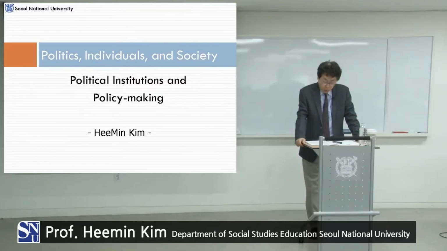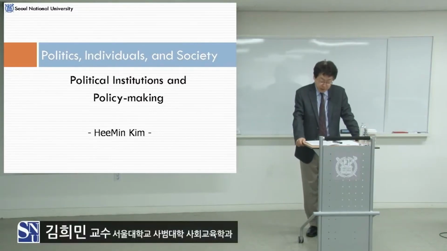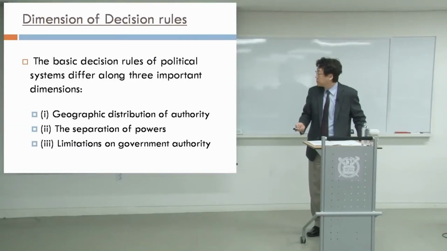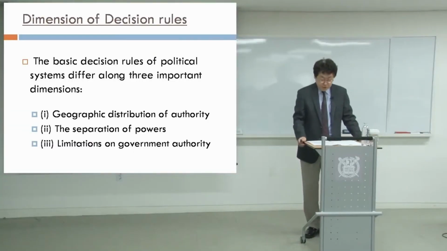Okay, we'll continue what we left off last week. So the basic decision rules of political systems differ along three different dimensions. And the first is geographic distribution of authority between the central government and the lower levels.